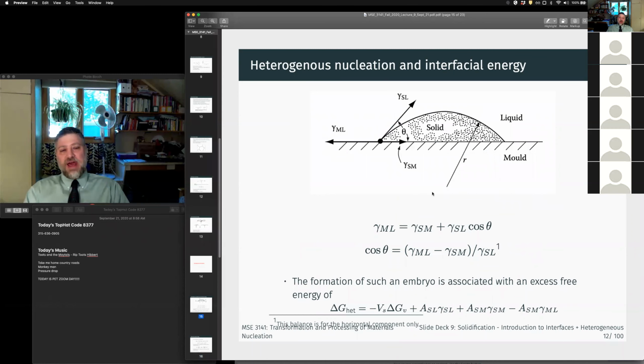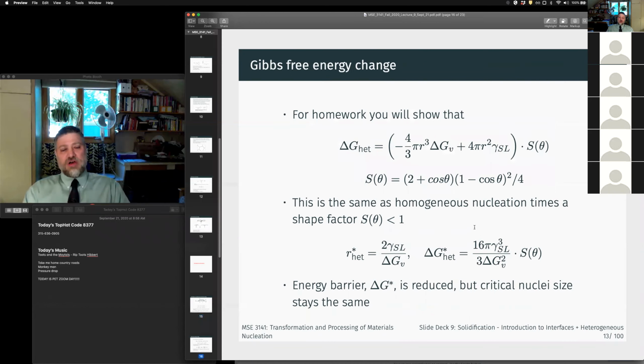Yes, this cap has the same radius, but the volume of this nuclei, the number of atoms I need in this cluster, is much smaller, because if I nucleated homogeneously, I would need a whole bubble this size, which in 3D has a lot more atoms in it than just this little cluster slice. So the critical radius stays the same, but the volume of atoms I need in my cluster for nucleation is much, much smaller.